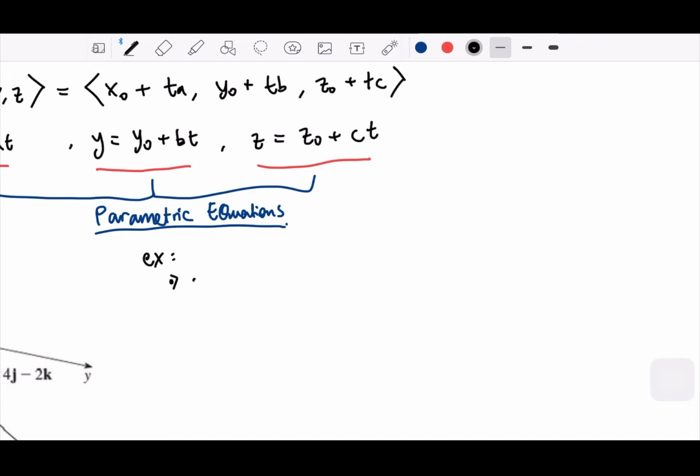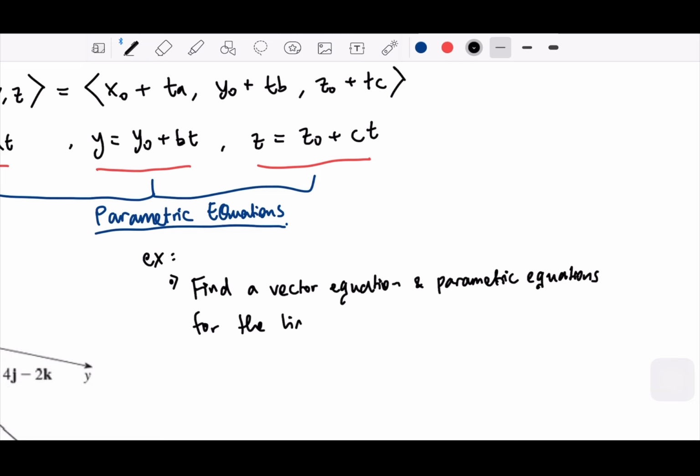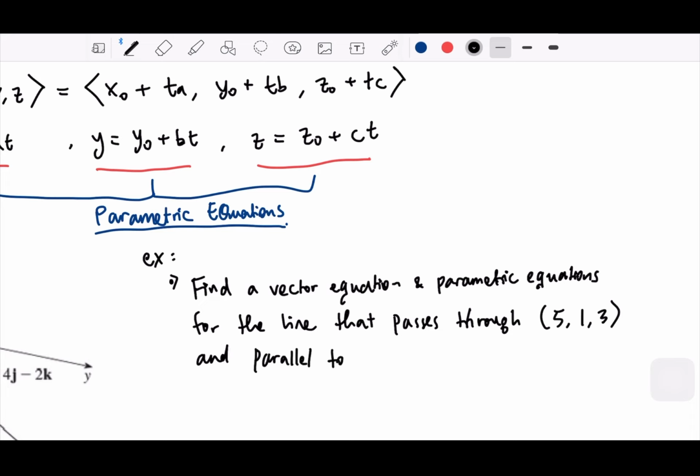So for example, find a vector equation and parametric equation for the line that passes through (5, 1, 3) and parallel to vector i plus 4j minus 2k.